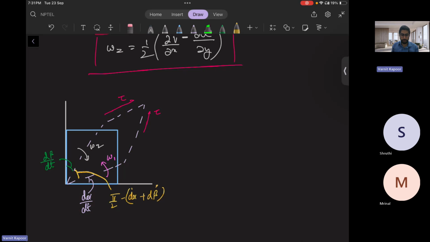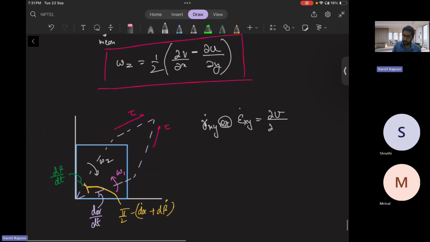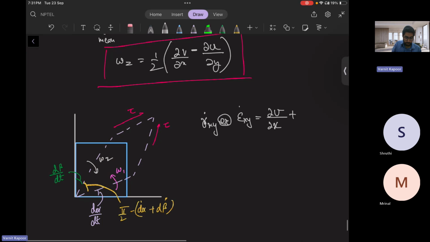So my final shear strain rate, how will it look? Gamma xy dot, or some books use the symbol epsilon xy dot, is nothing but dou v by dou x plus dou u by dou y.